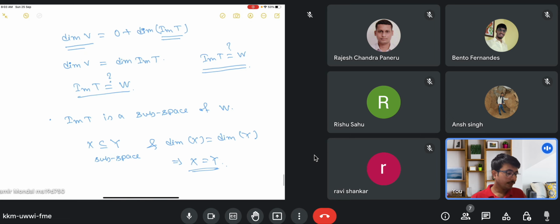But if the dimension of the image of T is not equal to the dimension of W, then we cannot say anything.